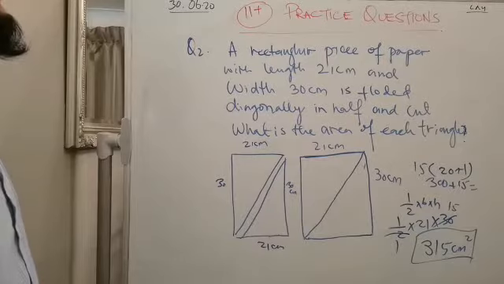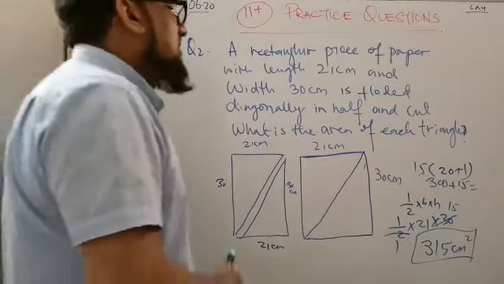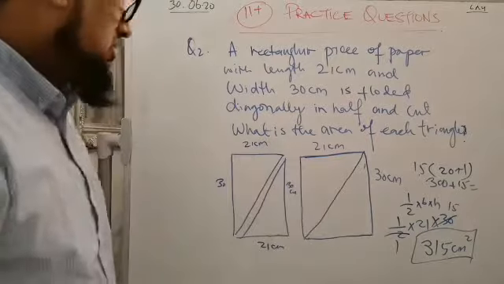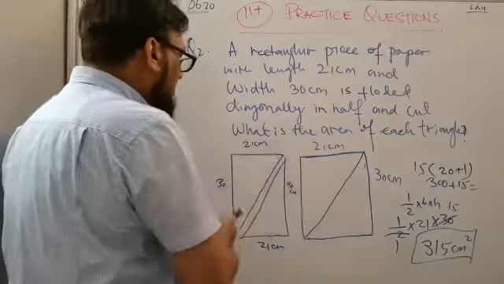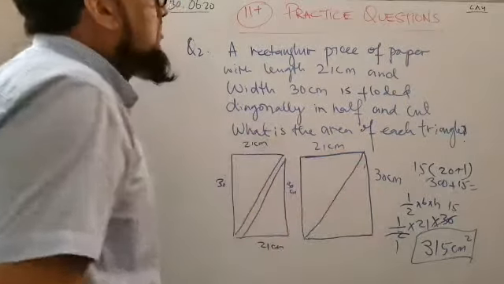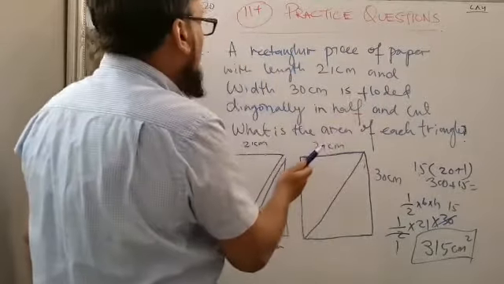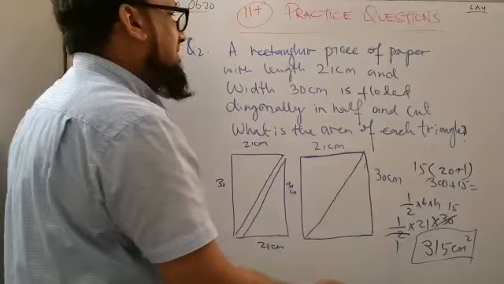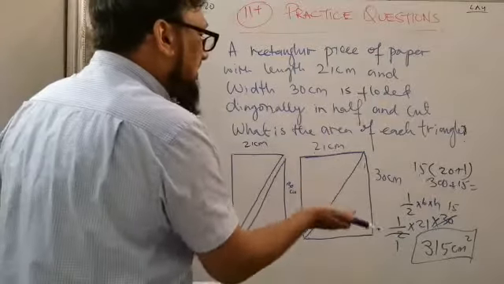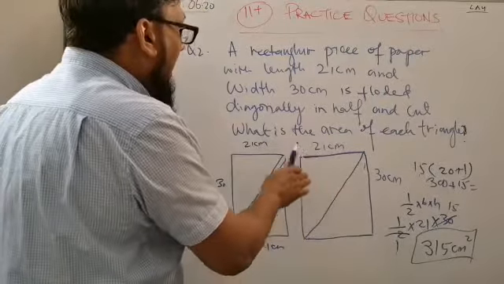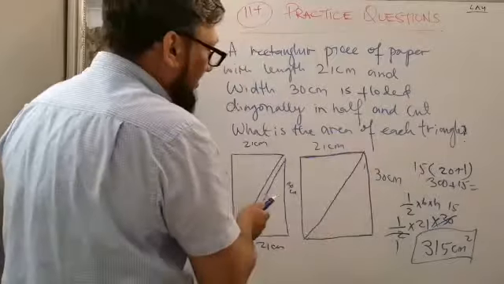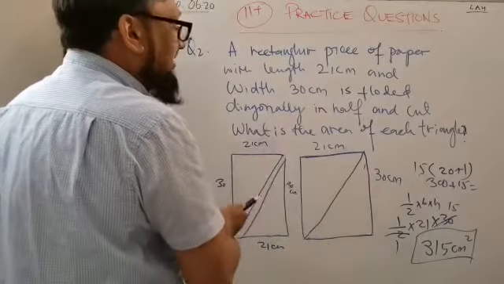So examiner can ask the question in a different way, okay? So they may ask directly, okay, this is the triangle and find the area. But it says rectangular piece of paper, length is 21 and the width is 30 centimeter. Fold it diagonally, okay, in half and cut. So we make it half and cut.